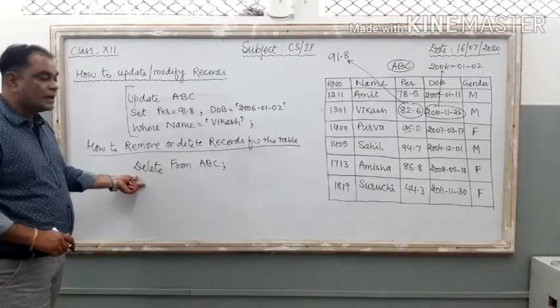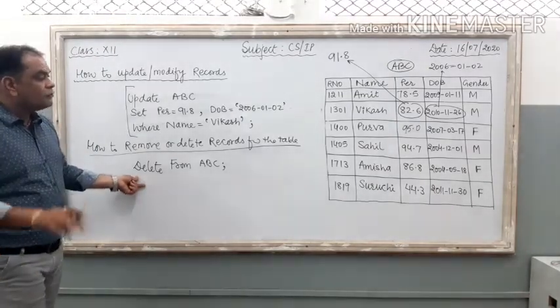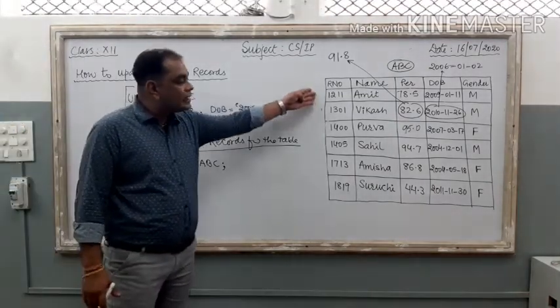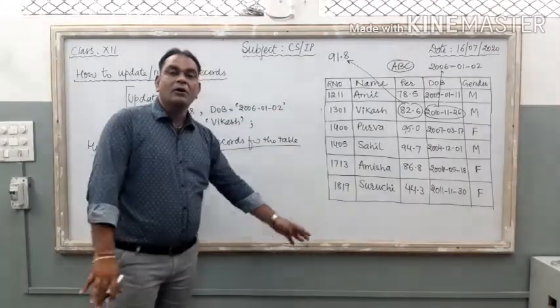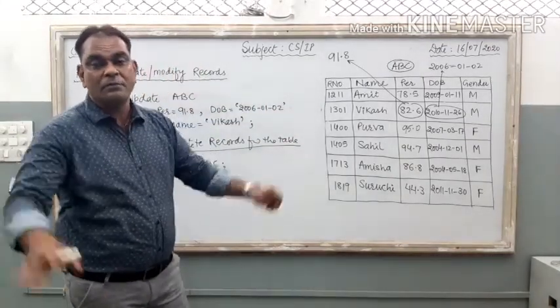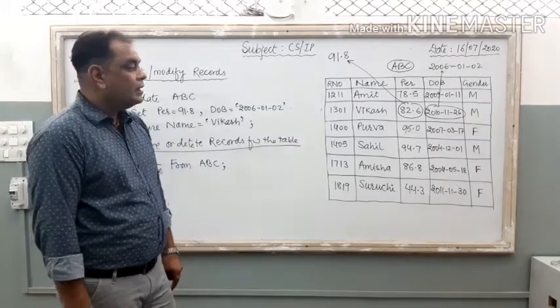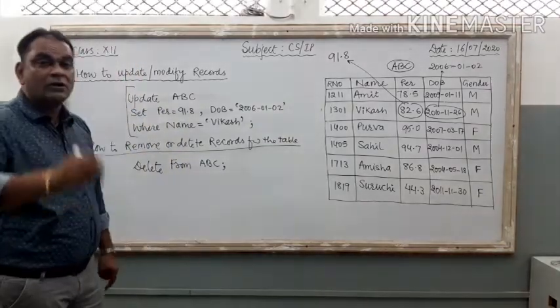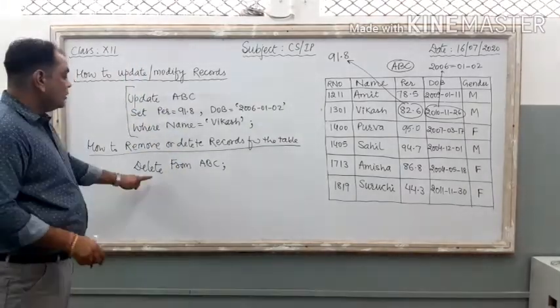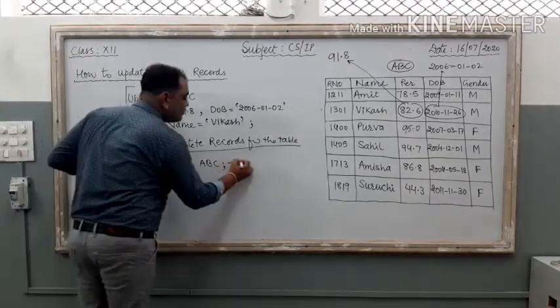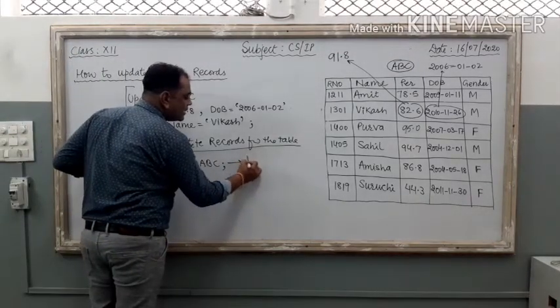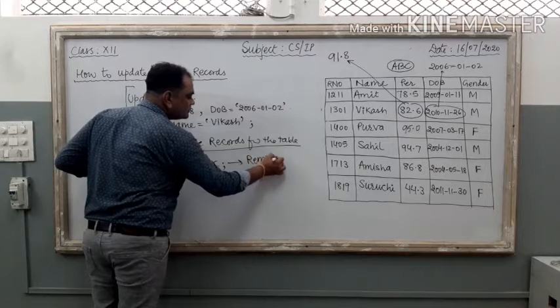Where is not there in the command. Delete from ABC means what? All the records that are there inside the table are deleted from the computer, right? And you cannot recover these records also. Clear? So delete from ABC removes all the records.